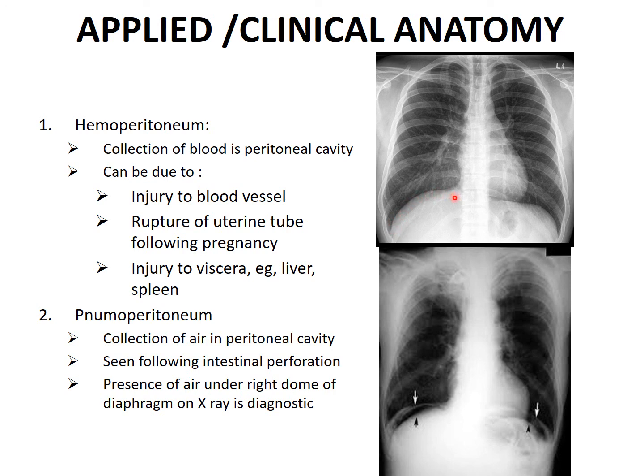This is a normal X-ray where you cannot see any dark colored area under the dome of the diaphragm, because it is formed by the liver, which is a solid viscera, and it is giving a radio opaque shadow. But presence of air under the dome of the diaphragm will give a radiolucent, dark shadow, which shows that there is air under the diaphragm, and this can help in diagnosing the pneumoperitoneum.